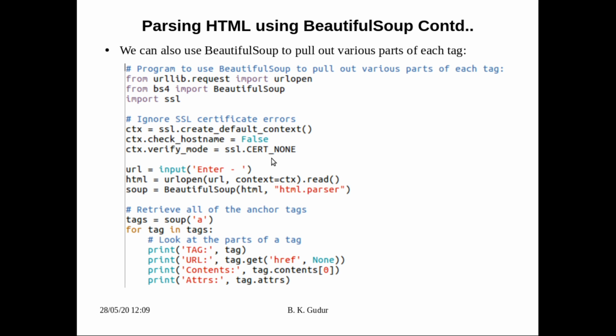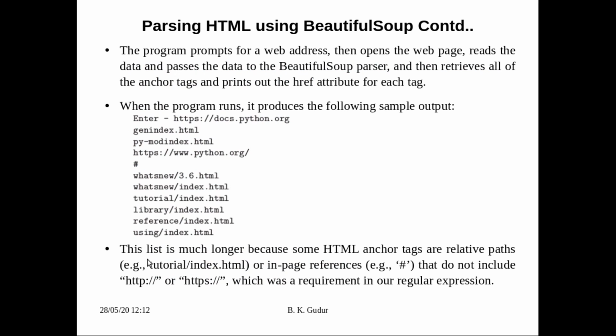So one more thing we can do is this. The list is much larger. Whenever we use BeautifulSoup, that list is much longer because some HTML anchor tags have a relative path. The relative path indicates that from wherever the web page is, it gives the path from that page; that we call a relative path.